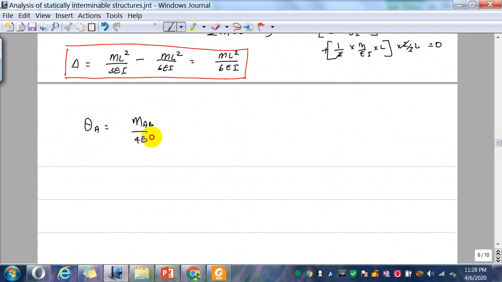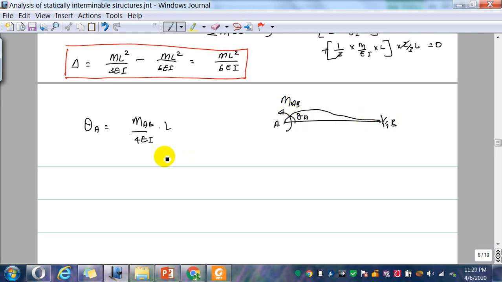This is when B is fixed and you apply a moment here, MAB.